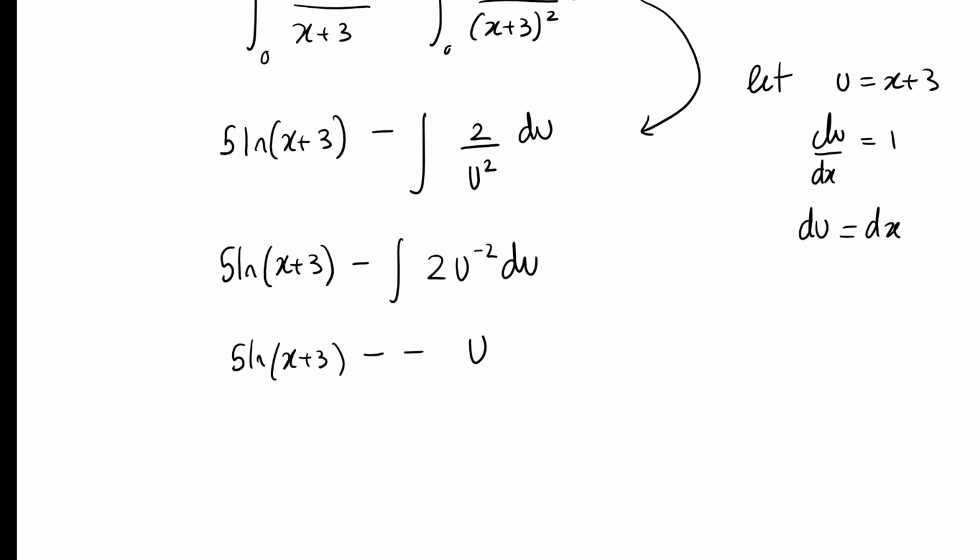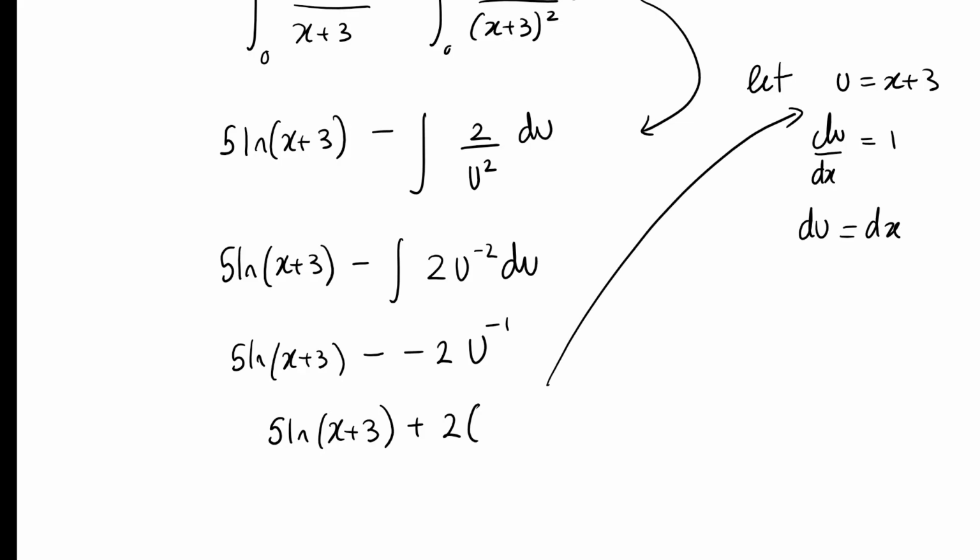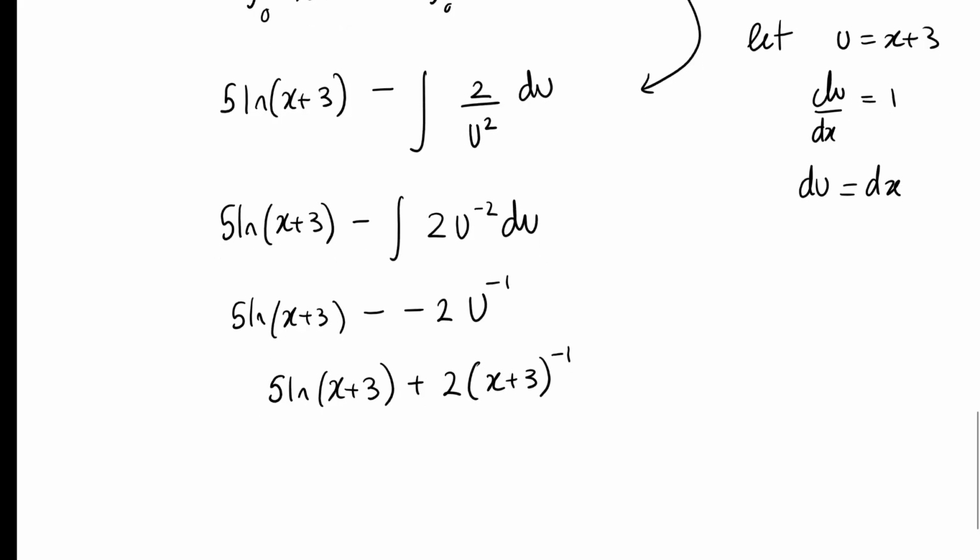So we raise the power on u to minus 1. We divide by minus 1, which is where this extra minus came from. So 5 ln x plus 3 plus 2. And u is equal to, you can see over here, x plus 3. So 2 times x plus 3 to the power of minus 1.